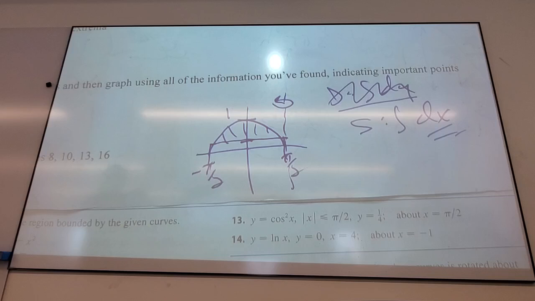If I draw the representative rectangle, that's what we're actually going to rotate to make that cylindrical shell, yes? If I draw that in for myself, it helps me figure out the radii, and it helps me figure out what the height is. So people that don't draw that in do not make sense to me.